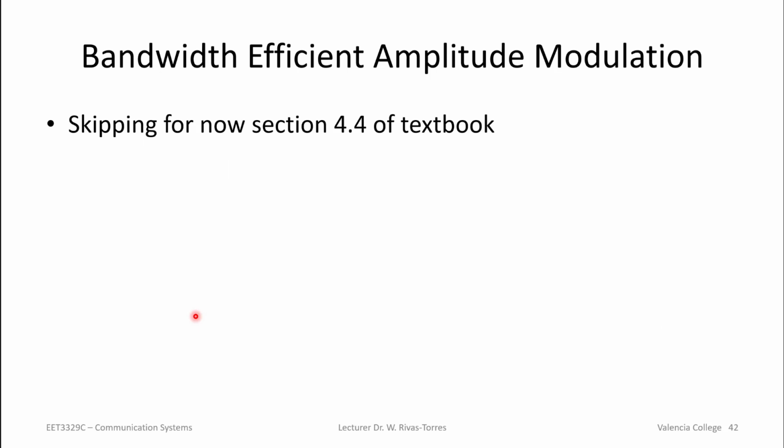All right, now in the book, in section 4.4, this is where the author talks about single sideband and vestigial sideband. Now the concept behind single sideband: remember when we were looking at double sideband suppressed carrier, that we have a lower and an upper sideband. So there's one of these efficient amplitude modulations called single sideband.